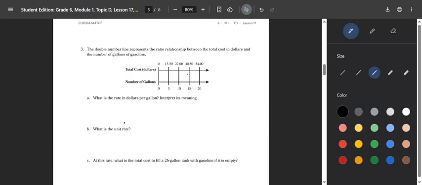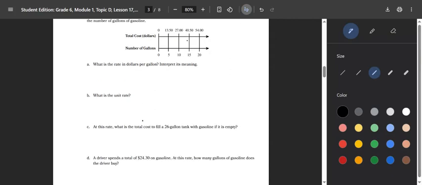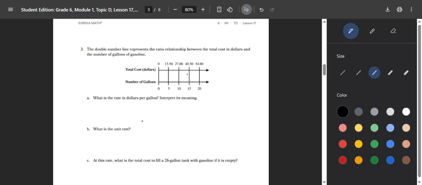All right, number 3. The double number line represents the ratio relationship between the total cost in dollars and the number of gallons of gasoline. A, what is the rate in dollars per gallon? Interpret its meaning.